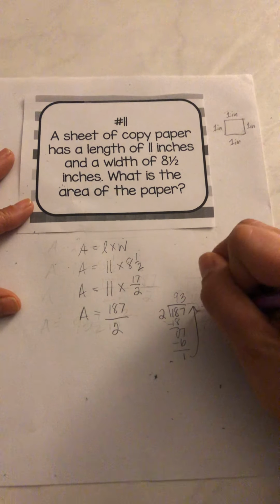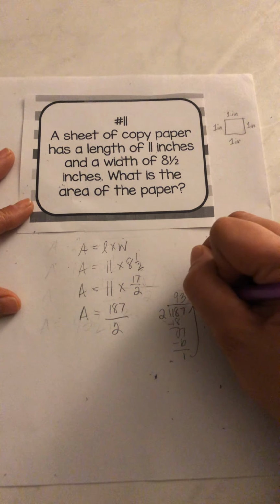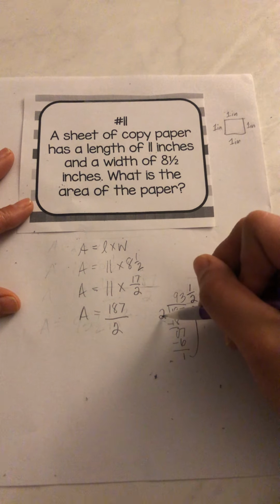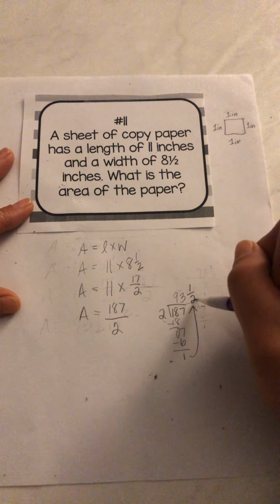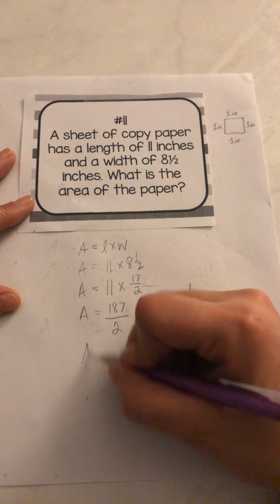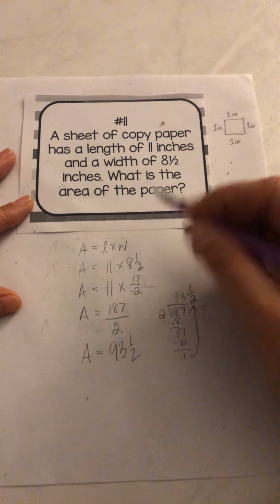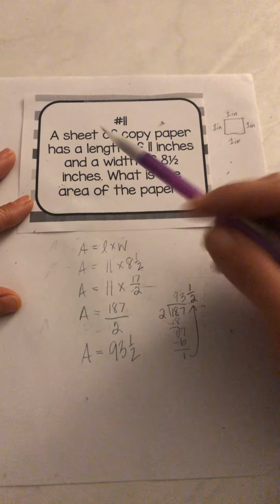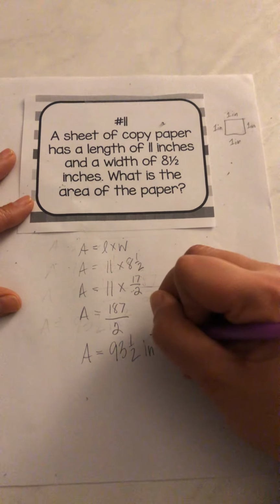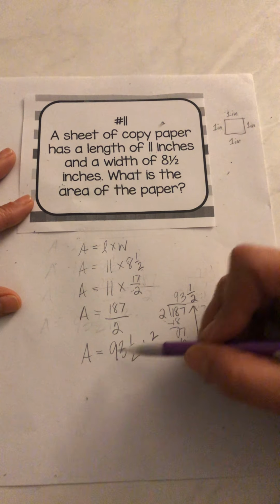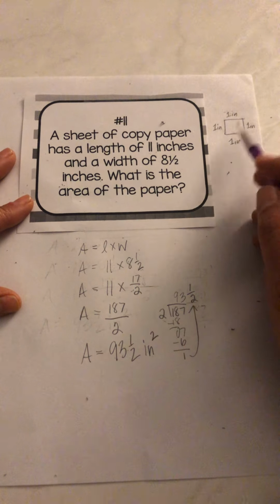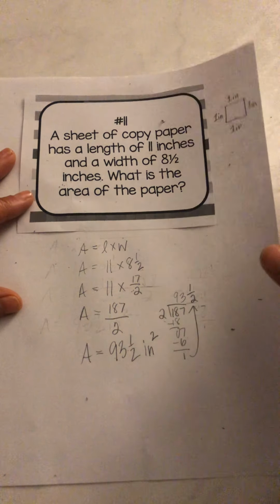Now I'm gonna bring this remainder up as my numerator and put it over my divisor as my new denominator. So my final answer: area equals 93.5. Our unit of measurement is inches squared, so I would need 93.5 square inches to cover this whole paper.